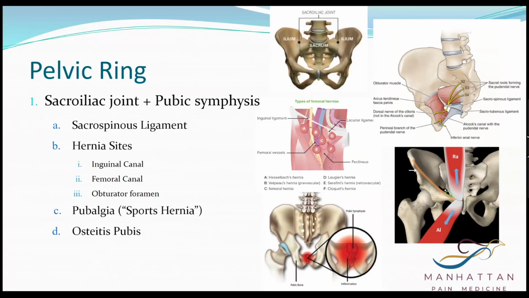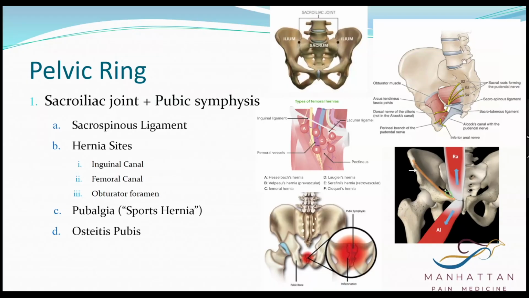But essentially, in this bottom right image, you see there are vectors of forces pulling up on the rectus abdominis and down from the adductor longus, and they both attach right at the pubic symphysis, right at the same place that the inguinal ligament attaches. And so these structures come together, and it's a common point of strain, and you can develop a sports hernia at that point. And then osteitis pubis is at the pubic symphysis, this bottom image.